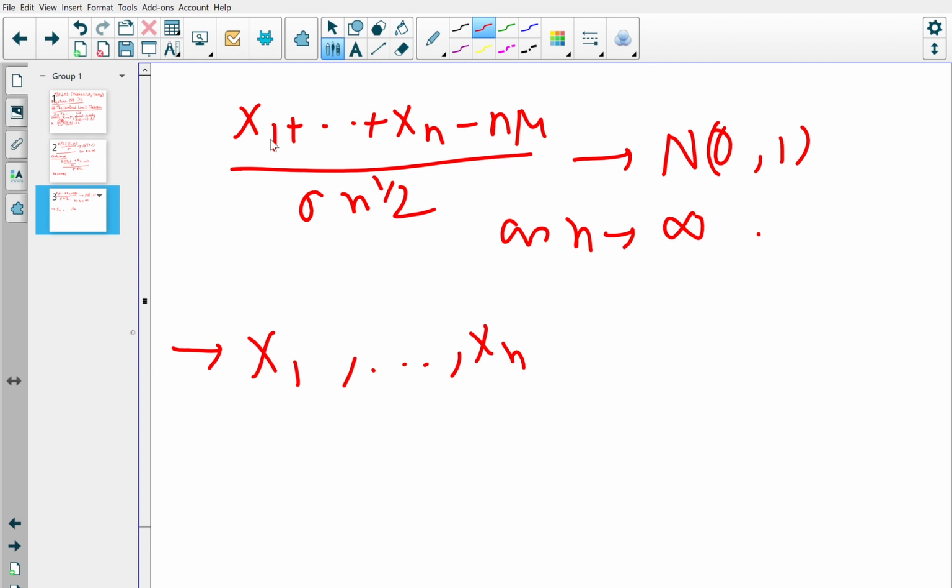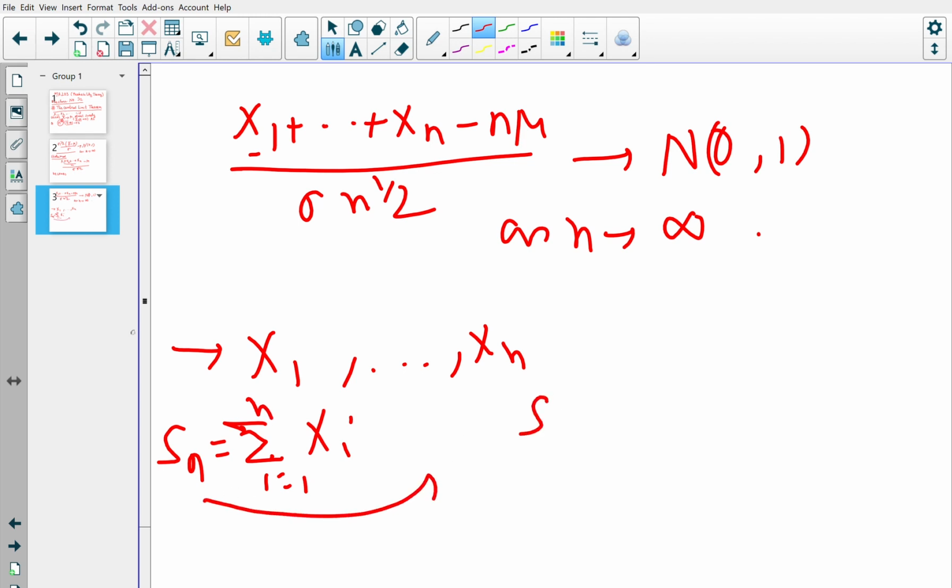Still, the summation of xi, which is my Sn, i equal to 1 to n, standardized as Sn minus n mu divided by sigma into n power half, follows the standard normal distribution.